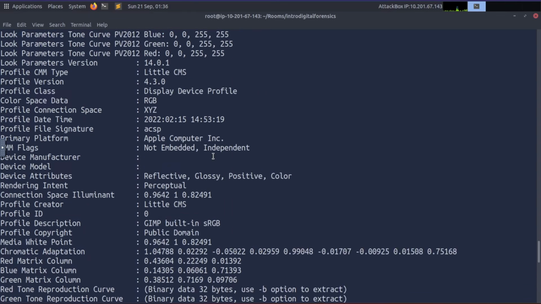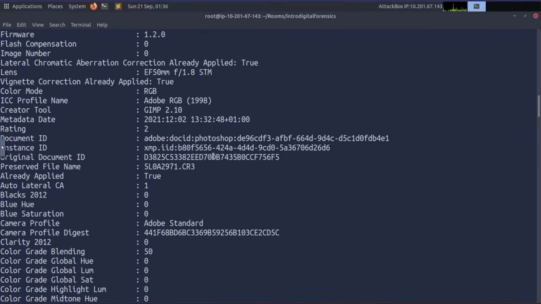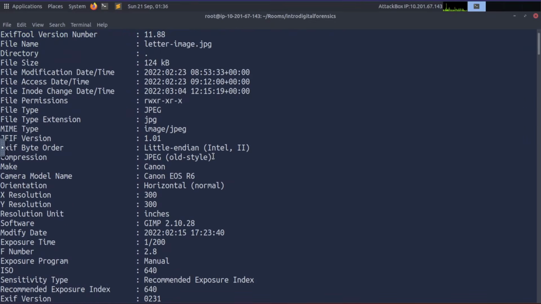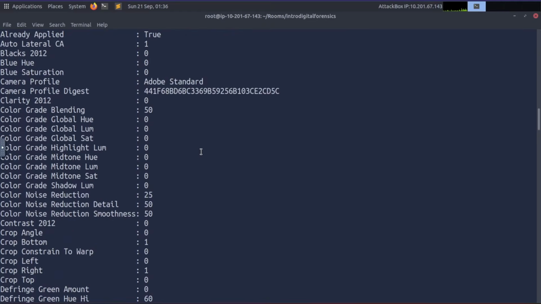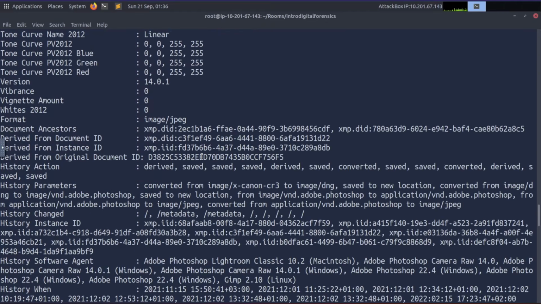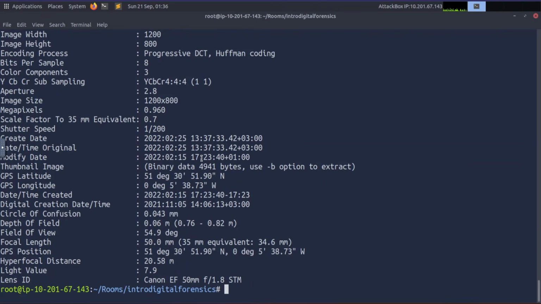And now this outputs a lot of information. Boy, you didn't know there was so much information you could write about an image, but there is. So here's all the stuff about it that you could probably ever want to know about this image, right?